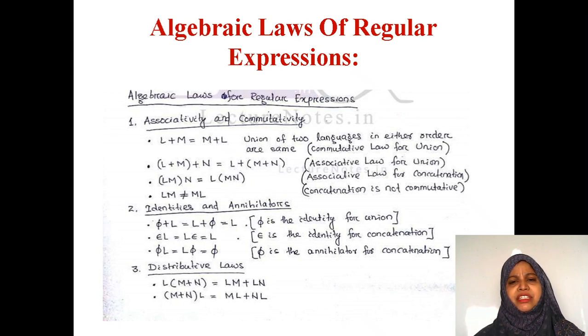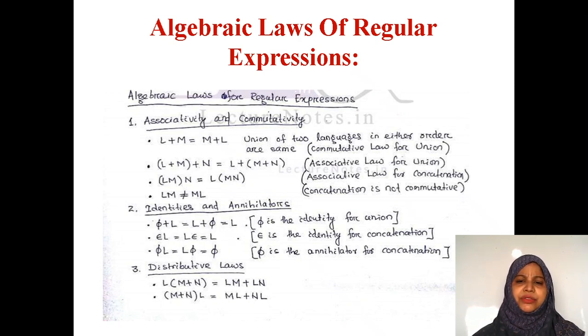By using these algebraic laws and closure properties, we check whether the given language is regular or not, whether a finite automaton is regular, whether we can construct a regular expression from it, or else whether the language is empty or not. All those things we check by using regular expressions.